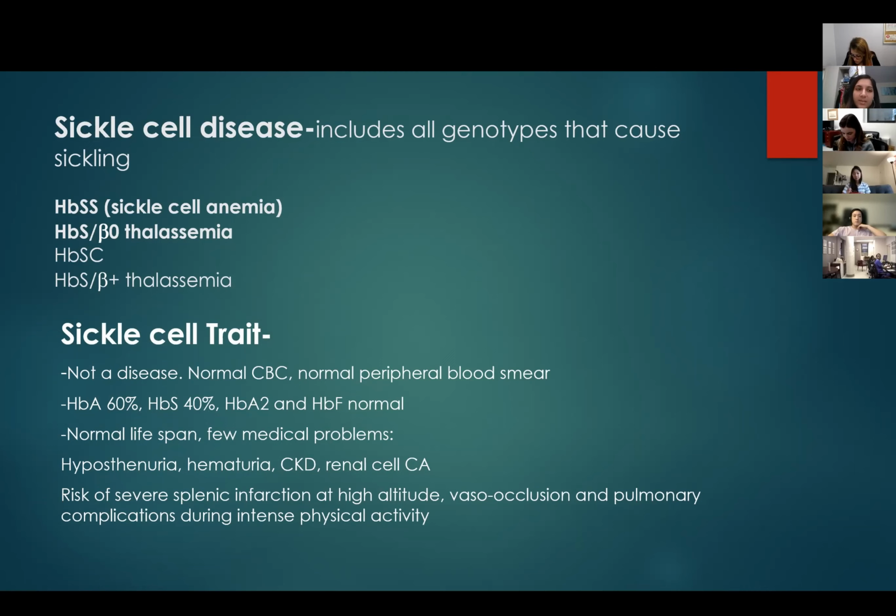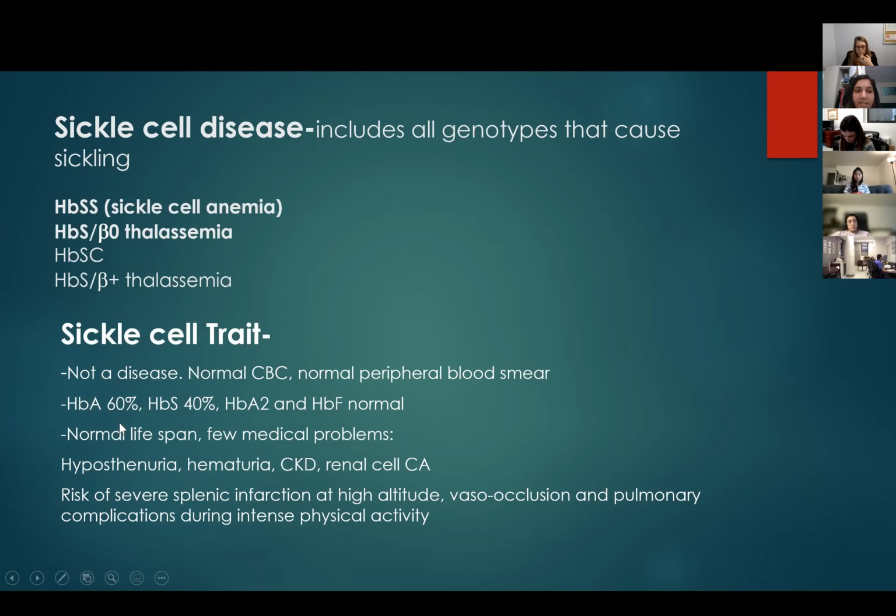So you have hemoglobin SS, hemoglobin S beta 0 thal, which means that on one chromosome you have the point mutation that's typical for sickle cell, and on the other chromosome you have basically absence of beta globin. And hemoglobin SC disease and hemoglobin S beta plus thal. I've highlighted hemoglobin SS and hemoglobin S beta 0 because these are the ones that have more severe phenotype, and the other two tend to be milder.